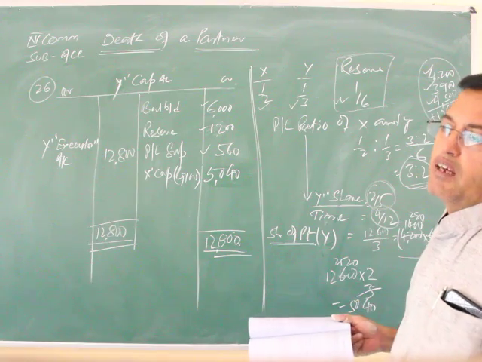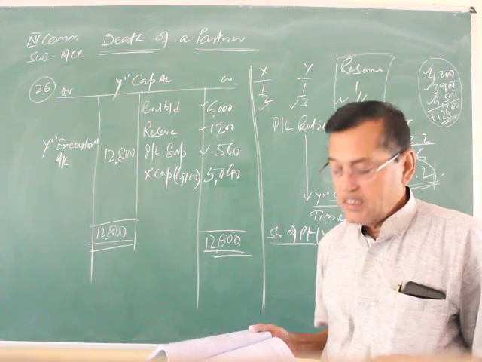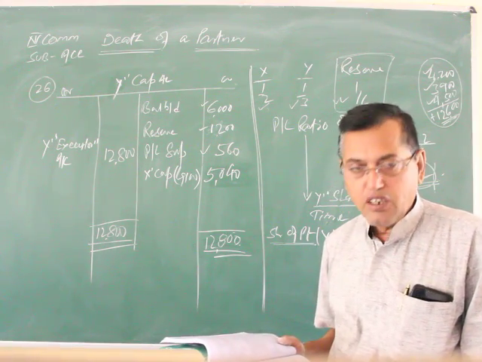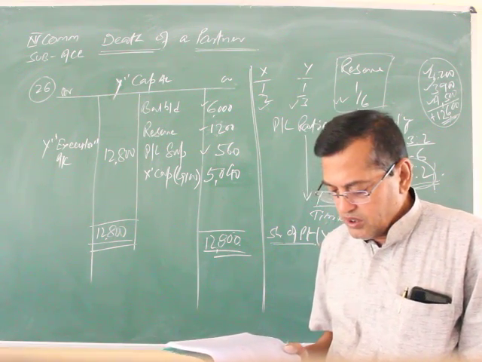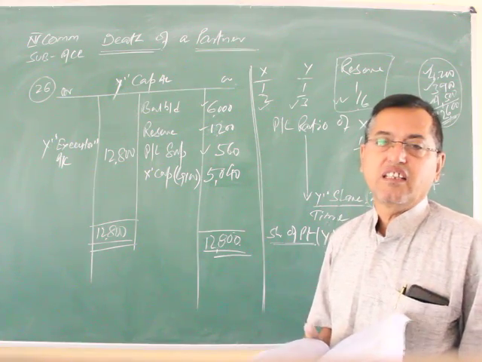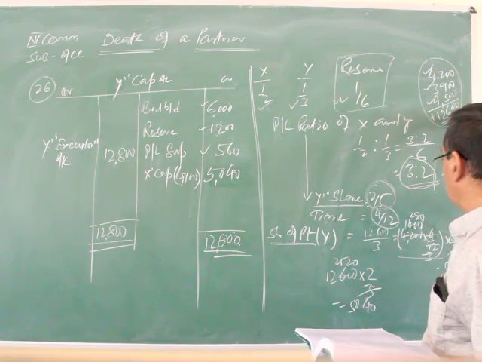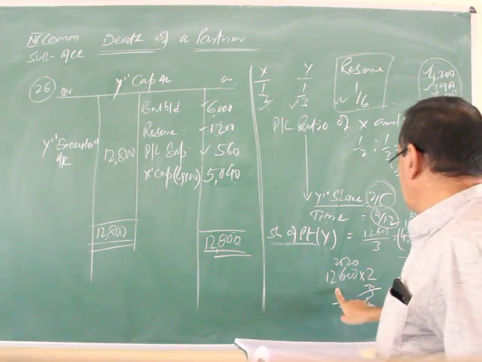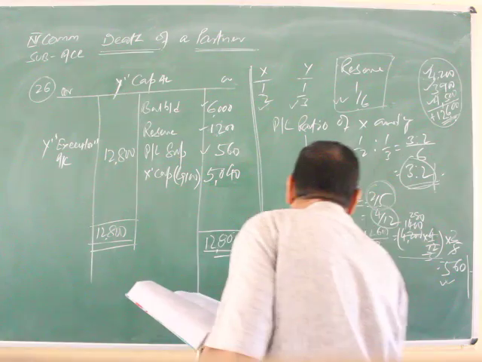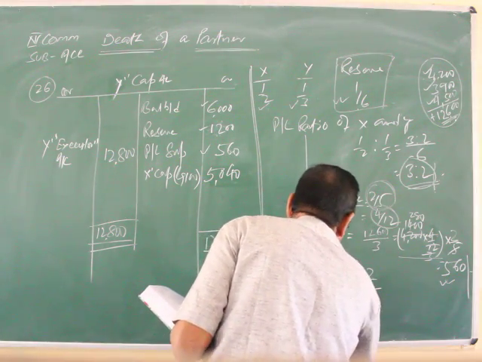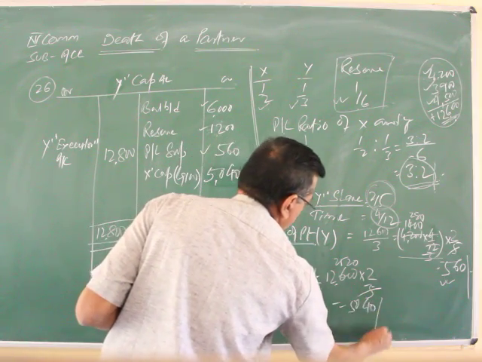Be careful, you have read at the time of valuation of goodwill, average profit, super profit, capitalization, but here it has been given by way of goodwill, his proportion of the total profit for the 3 preceding years, that is, the total profit proportion of the last 3 years. So the total profit of the last 3 years is 12,600, and his share will be 12,600 into 2/5, that is the goodwill. His share 2/5 will come 5,040.